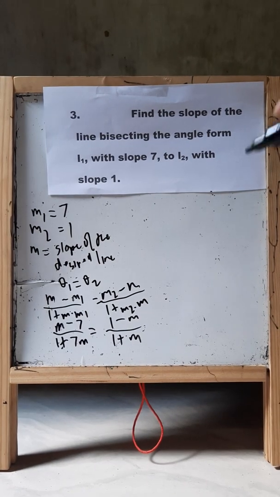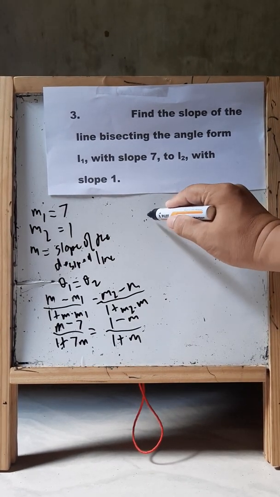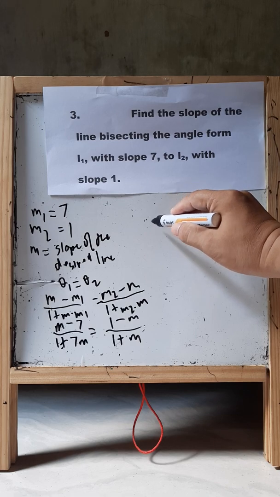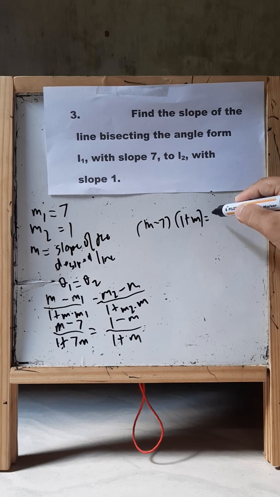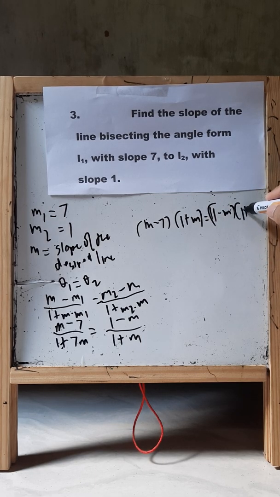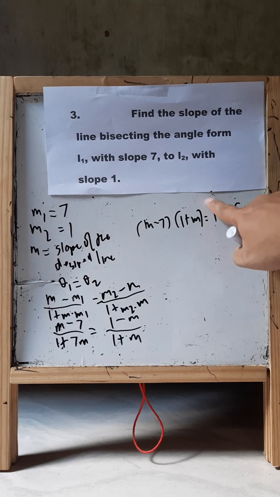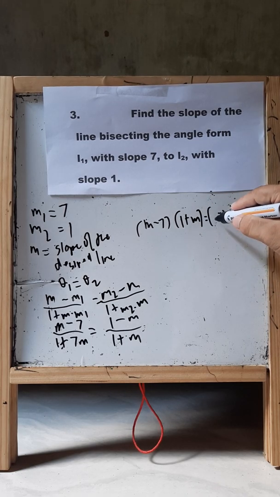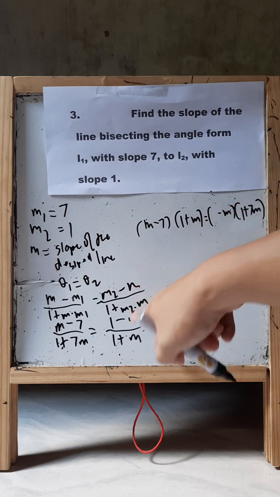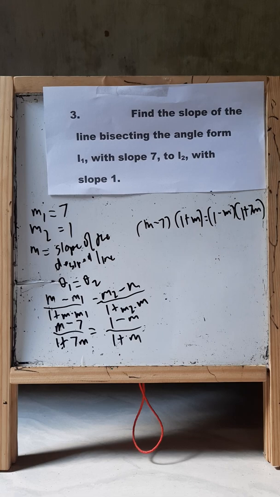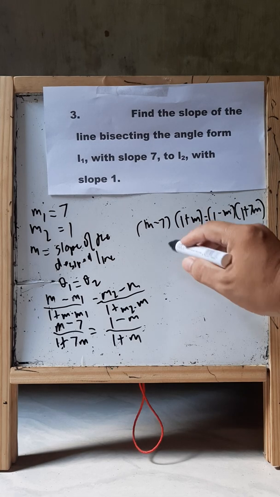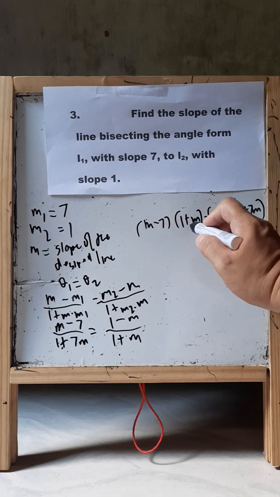Okay. So by cross products, we have here now M minus 7 times 1 plus M is equal to 1 minus M times 1 plus 7M. Then this will form quadratic trinomials.